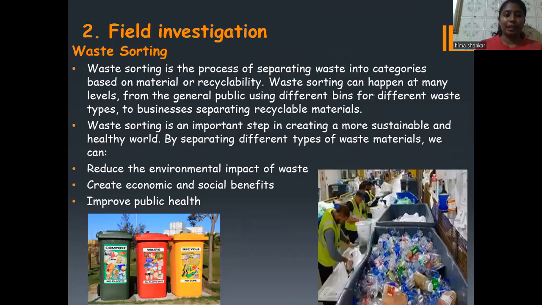And field investigation. Field investigation is where we go, take responsibility, and check what type of waste is generated in a certain field. We analyze the waste generated, its quality and quantity, and take it to the next level of processing. In field investigation, first comes waste sorting.